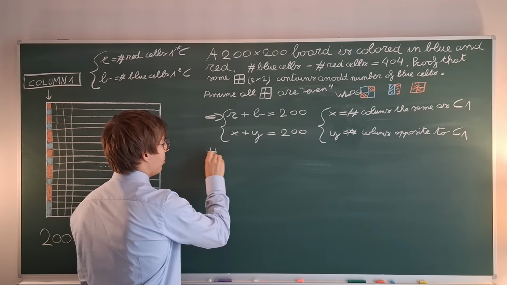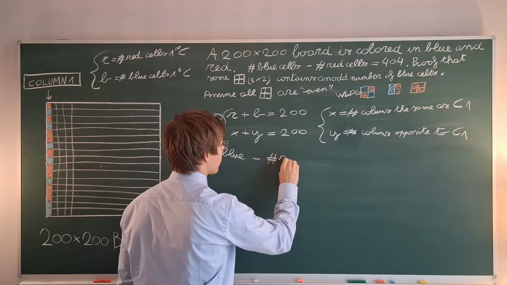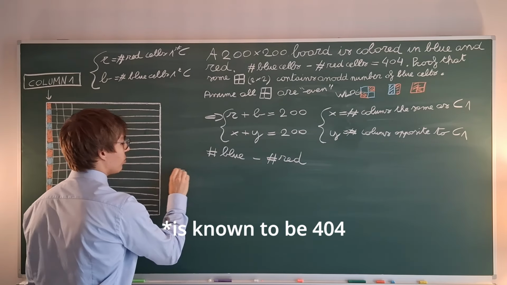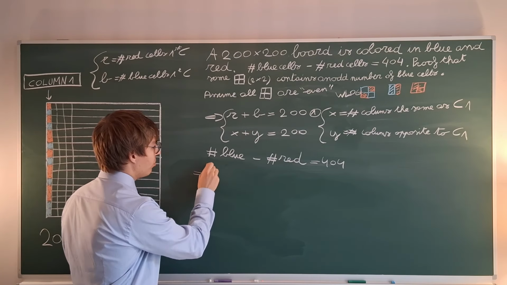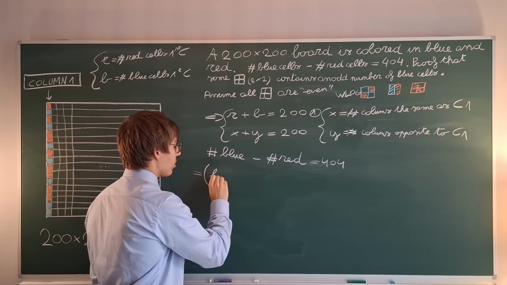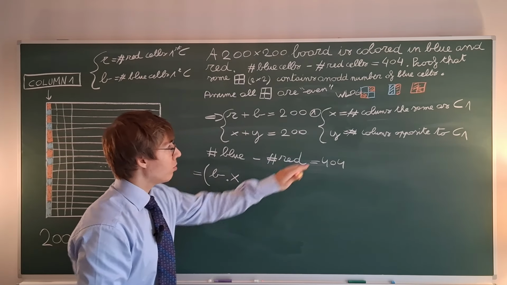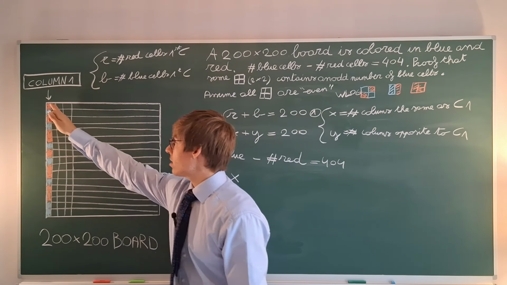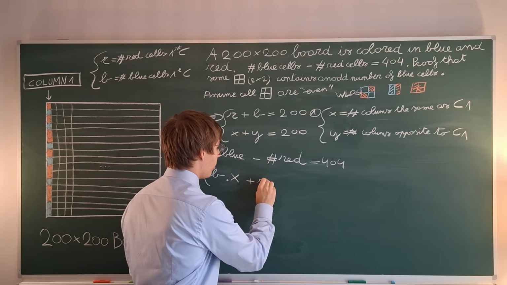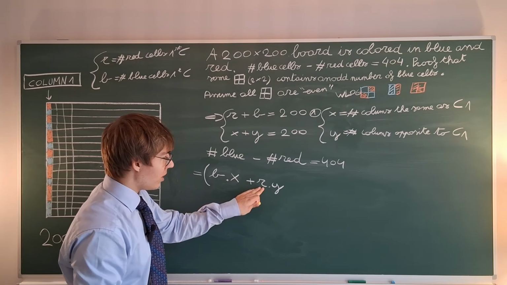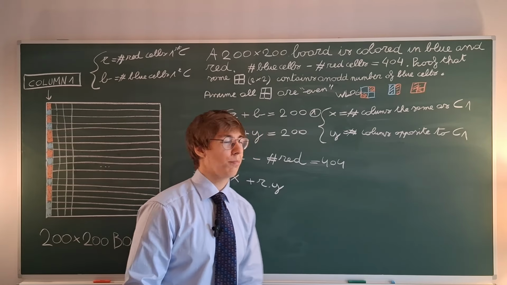Notice that the amount of blue cells minus the amount of red cells is equal to, and now we have to count carefully, the amount of blue cells is actually equal to the number of blue cells per column that is exactly the same as column 1, which happens x times, so x times the number of blue cells in this first column, plus r times y, because these red cells have become blue in the opposite way to column 1.